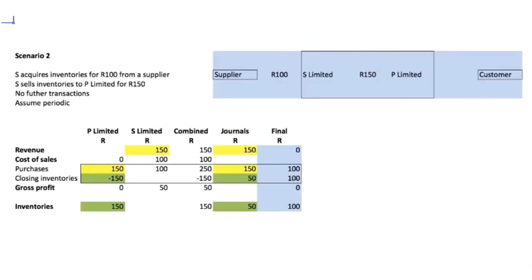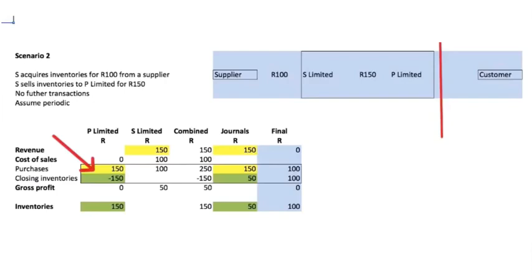The sale of these inventories then to the parent is reflected in the parent having purchased these inventories for 150 rand from S Limited. The parent has not now sold these inventories. In this instance, we have stopped the economic event at this point and we are now reporting on it.